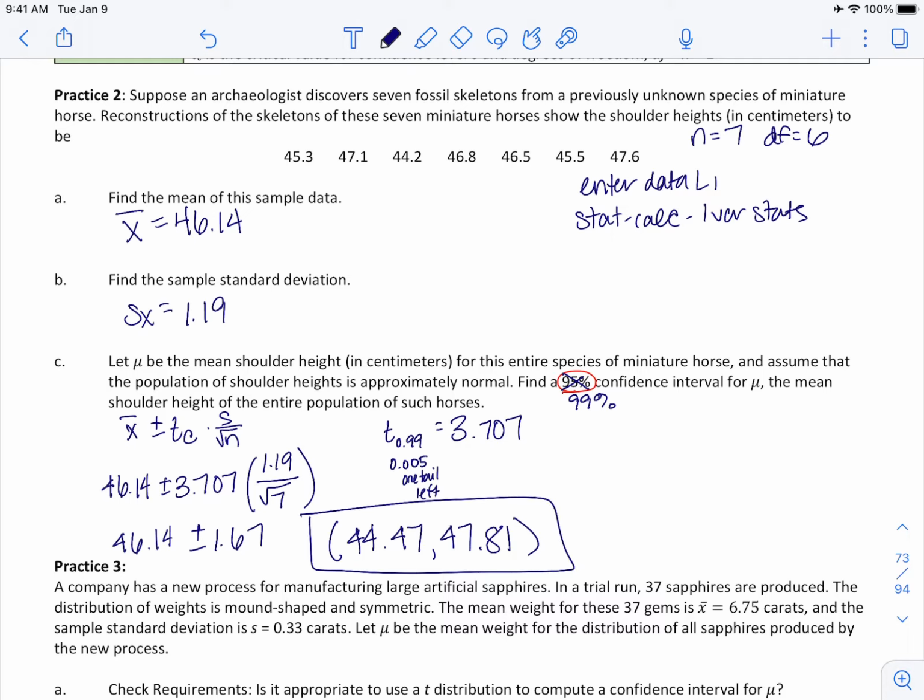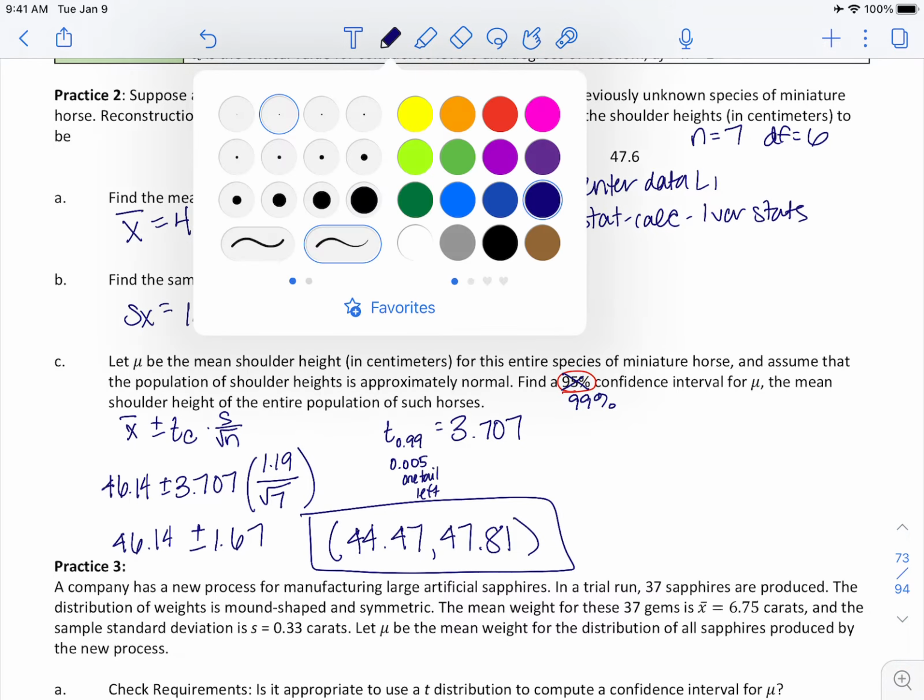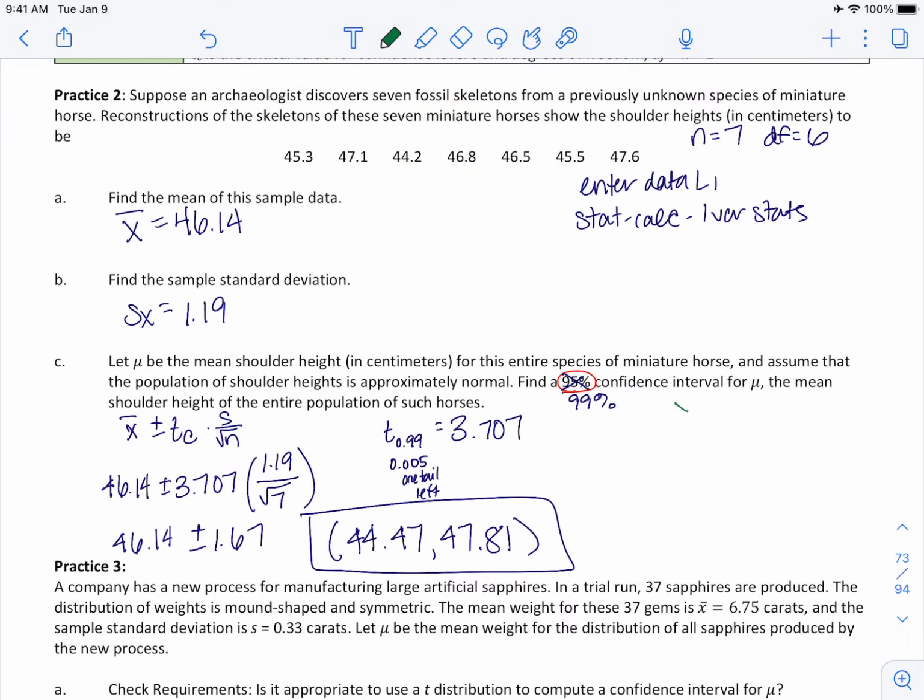Now you can also do this in the calculator. We're going to use what's called the T interval, and we're going to use the data that we entered in the calculator. So you're going to go to stat, then arrow over to tests.